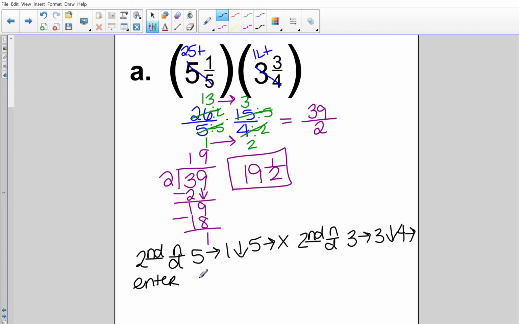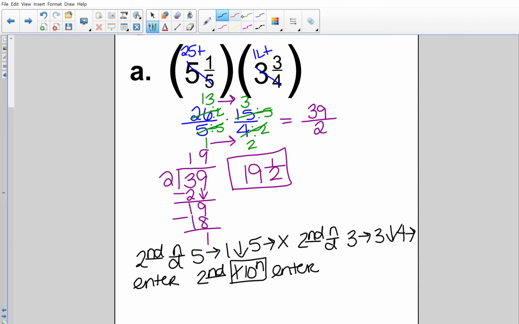To shift it, I press second, and then the key right next to the N over D key, the times 10 to the nth key. It's to the right of the N over D. Then enter, and that'll shift it over into 19 and 1/2.